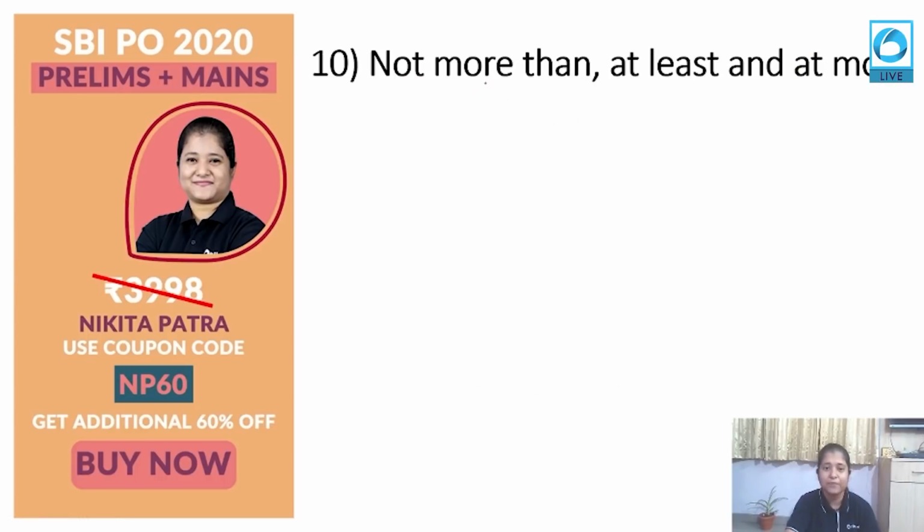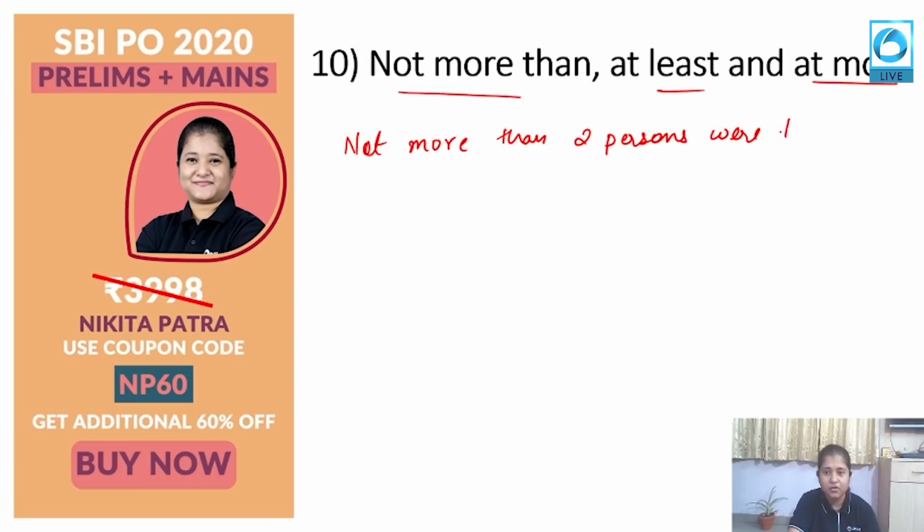जल्दी से देखते हैं. Not more than, at least and at most. Let's say not more than two persons were to the left of A. ठीक है, एक और स्टेटमेंट लिखते हैं.